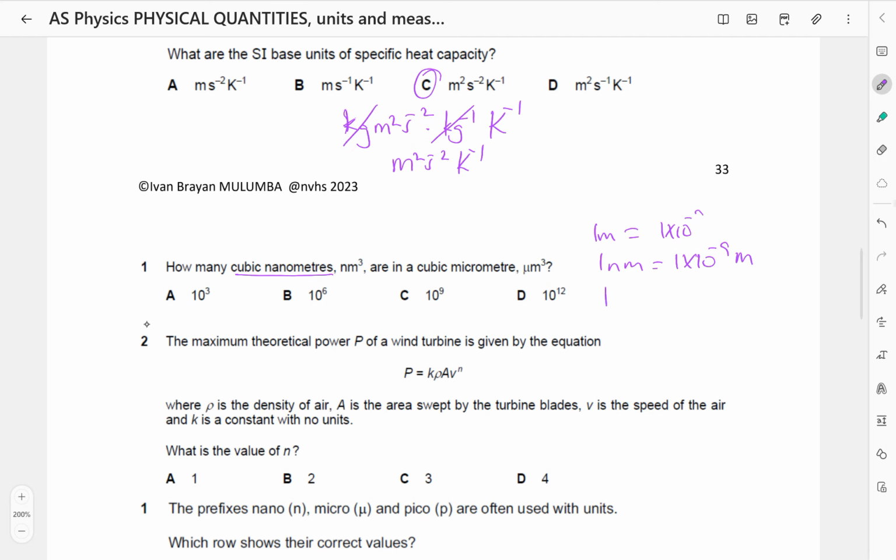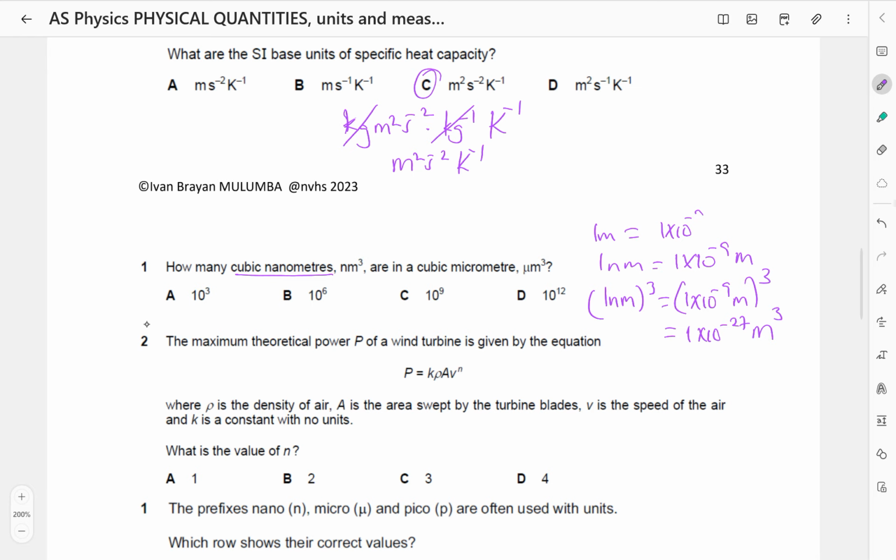If it is cubic, 1 cubic nanometer, we shall raise this to power 3: 1 times 10 power negative 9 meters, raised to power 3. When we raise this to power 3, we multiply 9 by 3, that will be 10 power negative 27 meters cubed.